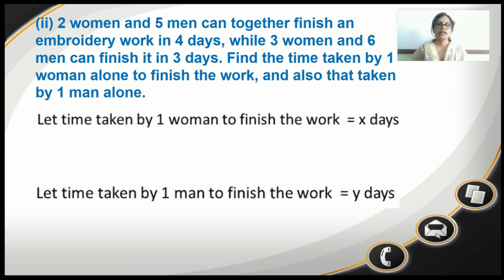Find the time taken by 1 woman alone to finish the work, and also that taken by 1 man alone to complete the work. Again, this is another important type of sum, children. Whenever such a sum is there for an exam, your condition should always be related with the work completed in 1 day time. Okay, let's understand.